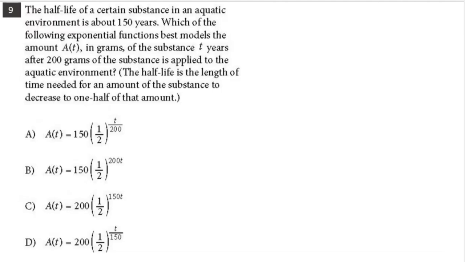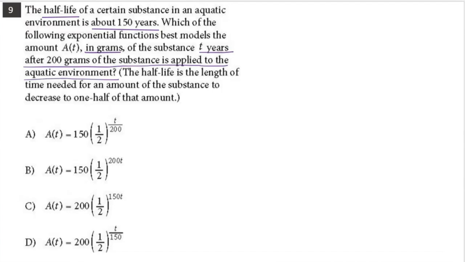Problem 9. The half-life of a certain substance in an aquatic environment is about 150 years. Half-life, okay. Which of the following exponential functions best models the amount A of the substance in grams t years after 200 grams of substance is applied to the aquatic environment?